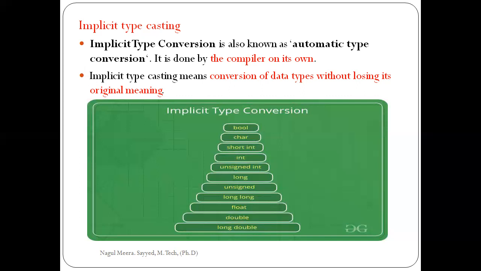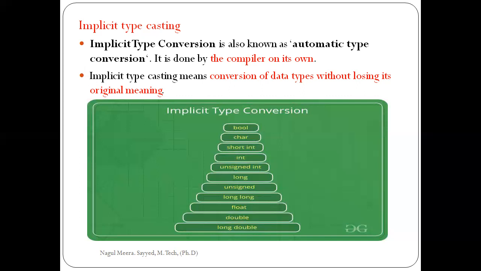These all are examples of implicit type conversions. If we apply these data types, the original data is not changed completely. This is the meaning of implicit type conversions.